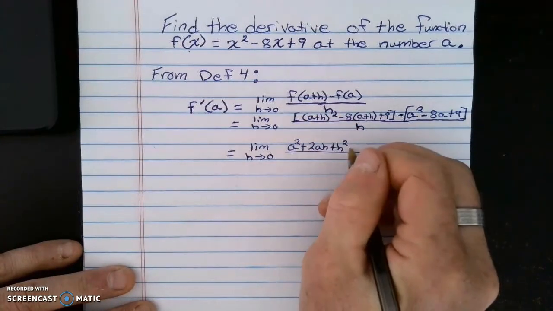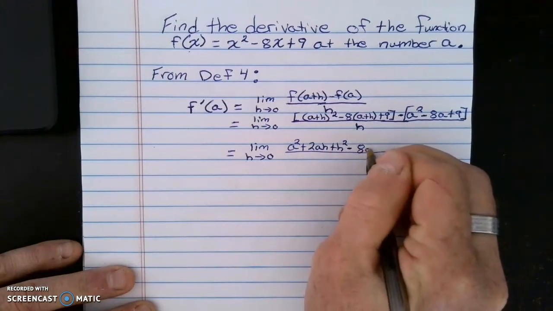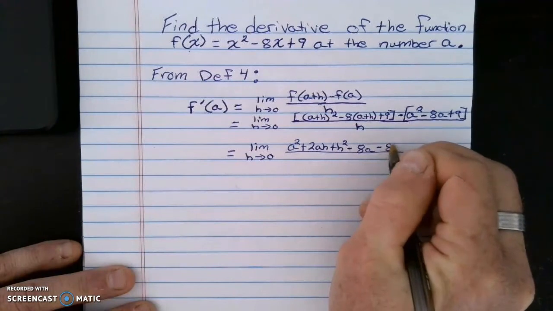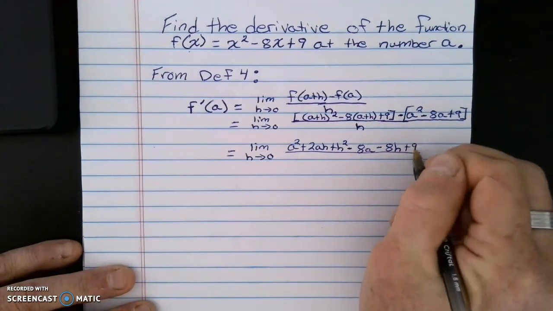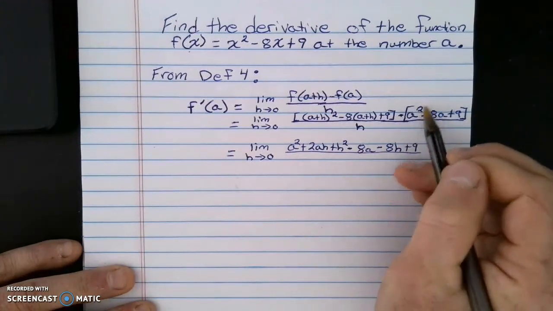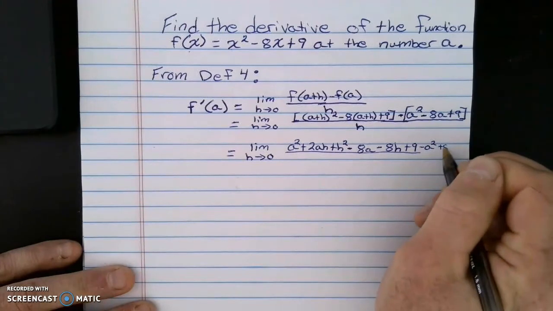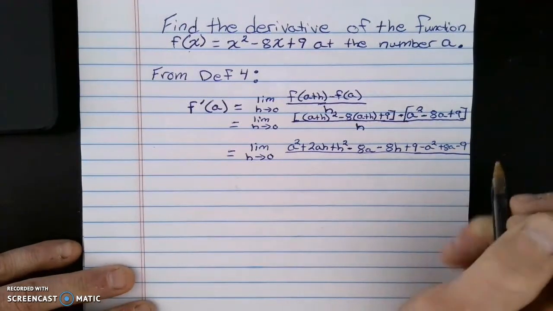Now minus, we're going to distribute the 8, so it's going to be 8a, and then we also have to make sure that negative continues to carry, minus 8h plus 9. And then all we're going to do here is just distribute the negative all the way through, so minus a squared plus 8a minus 9. So that's my numerator.